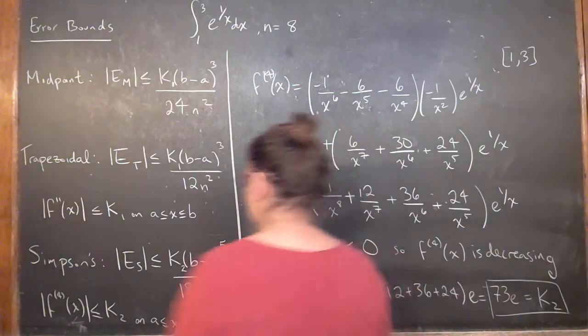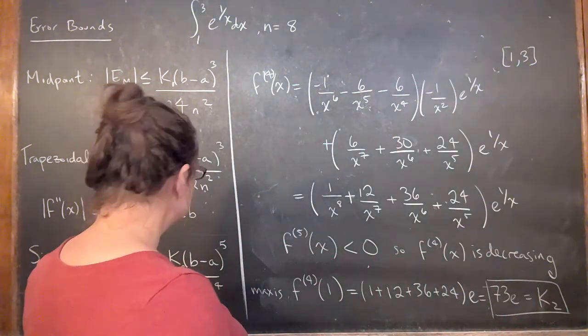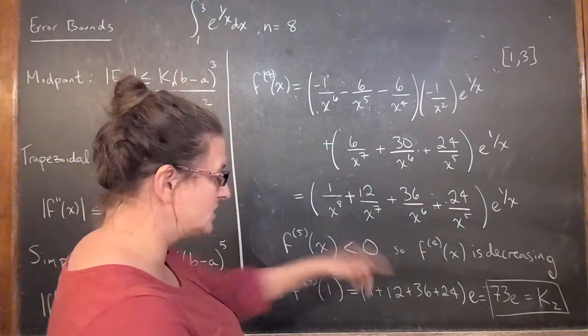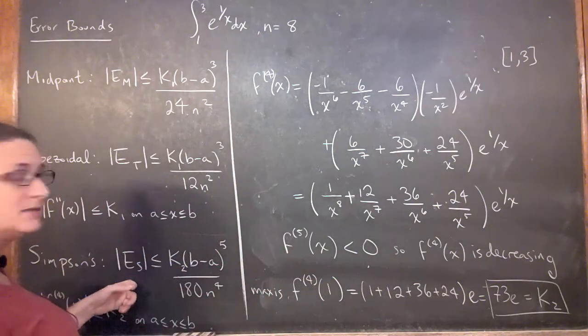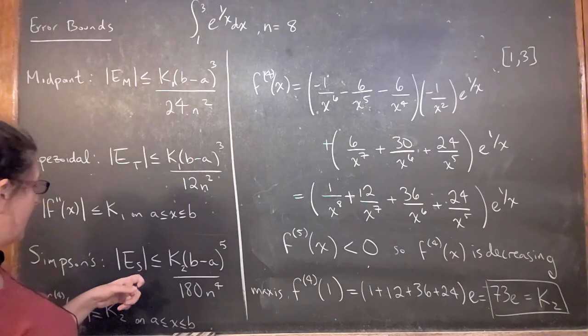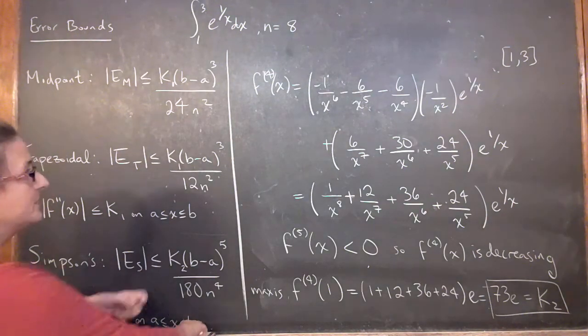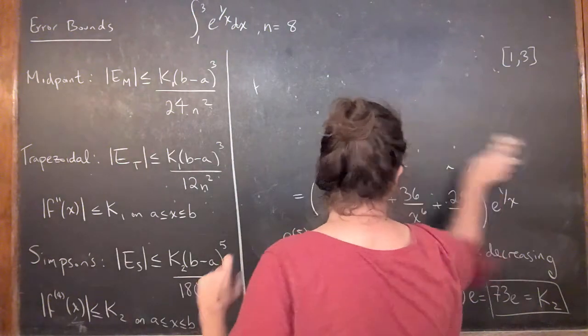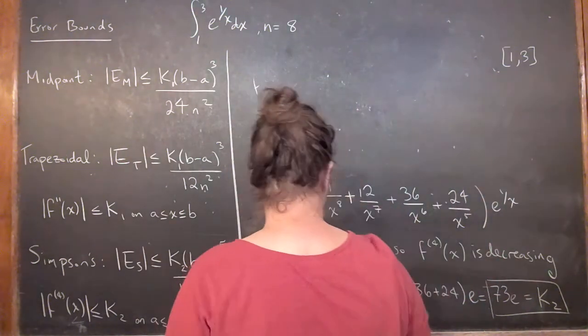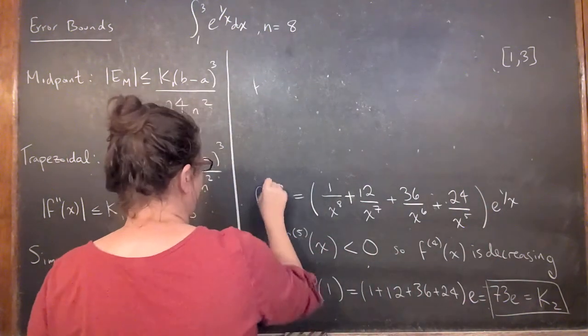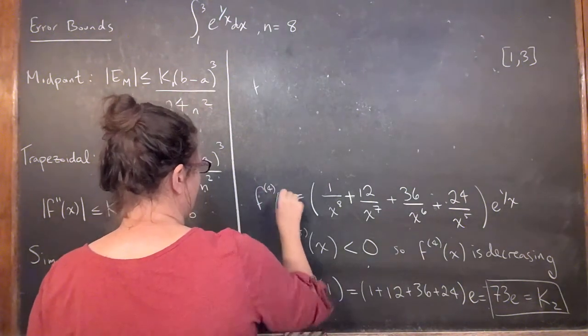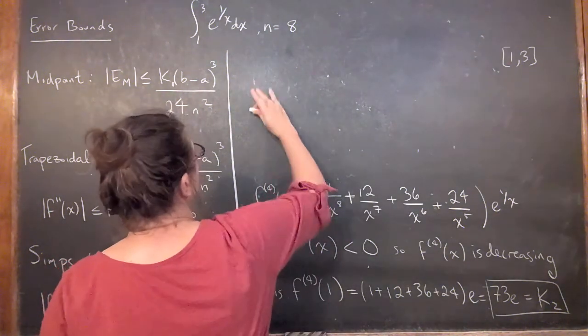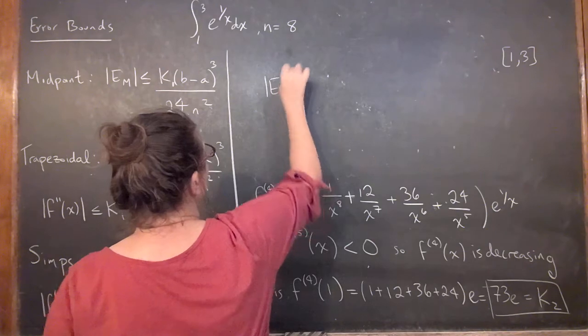Okay. So, almost done. I just have to now put that K2 into my Simpson's rule error bound to come up with this number. I'll leave that at least so that it's explained there.